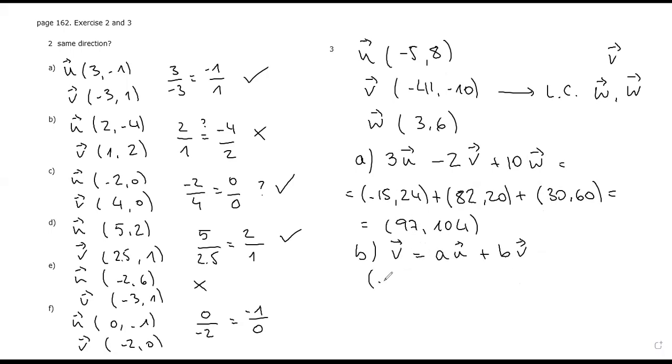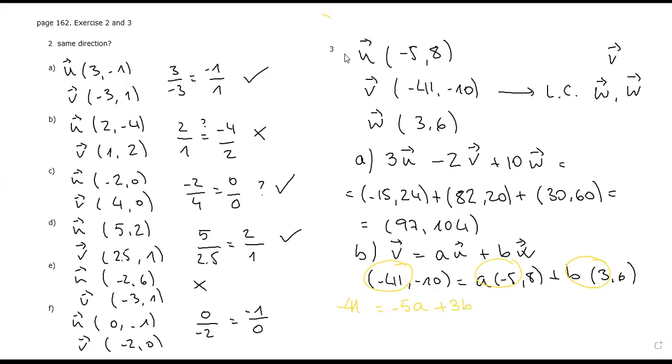So I think you might understand it better this way. What you have to do is write here (-41, -10). Here you write a multiplied by u, and b multiplied by w, sorry, that is (3, 6). So you get a system of equations. The first equation would be -41 equals -5a plus 3b.